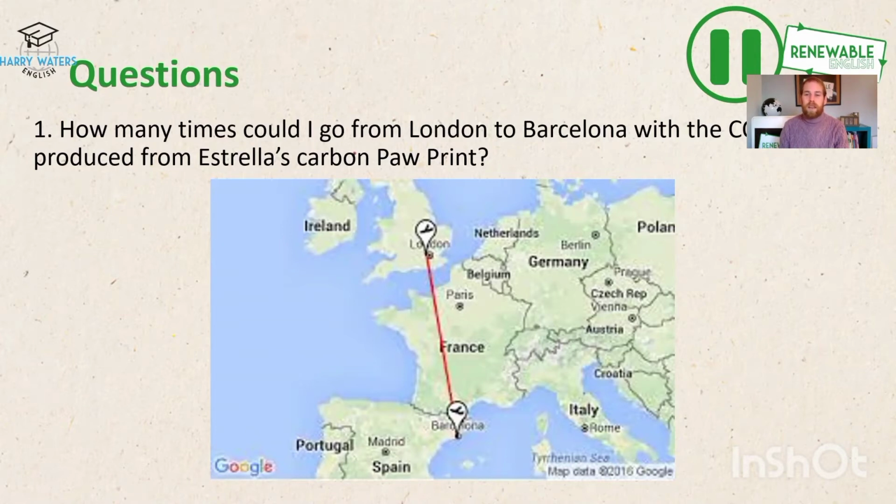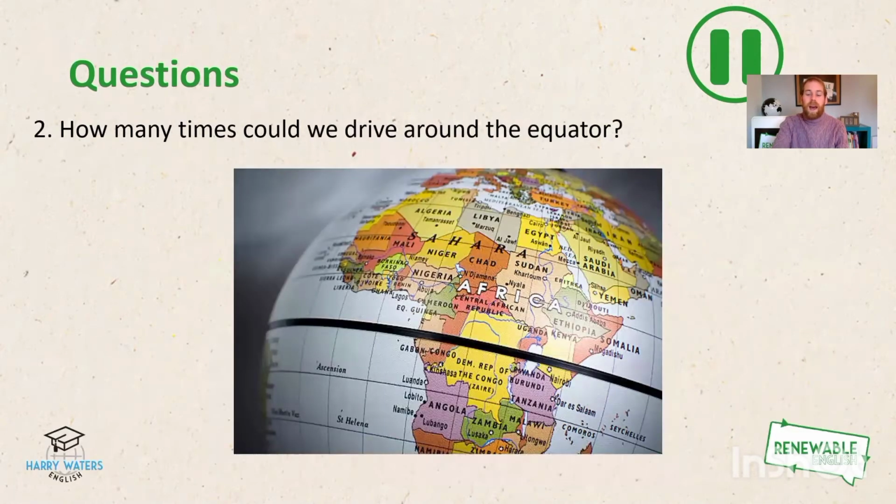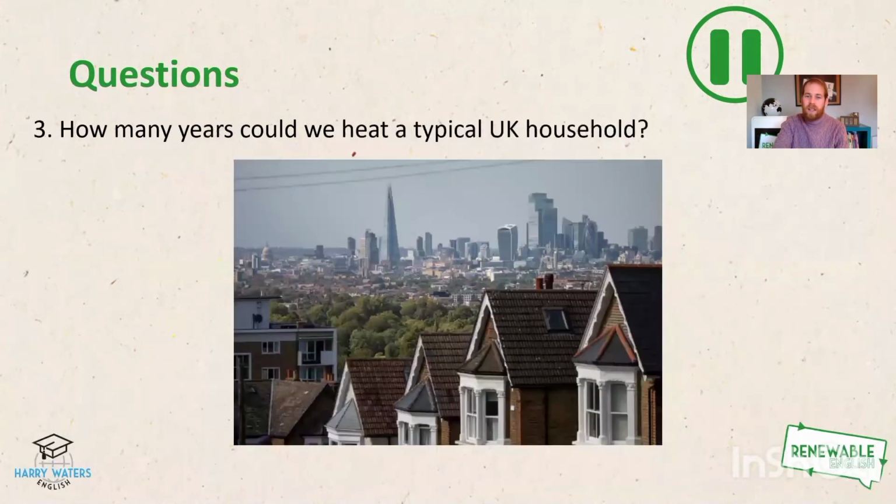What do you think? Hit the pause button if you need some more time. How many times could we drive around the equator? Do you remember? I'm not sure. And how many years could we heat a typical UK household? Now remember, it can get really cold in the UK.